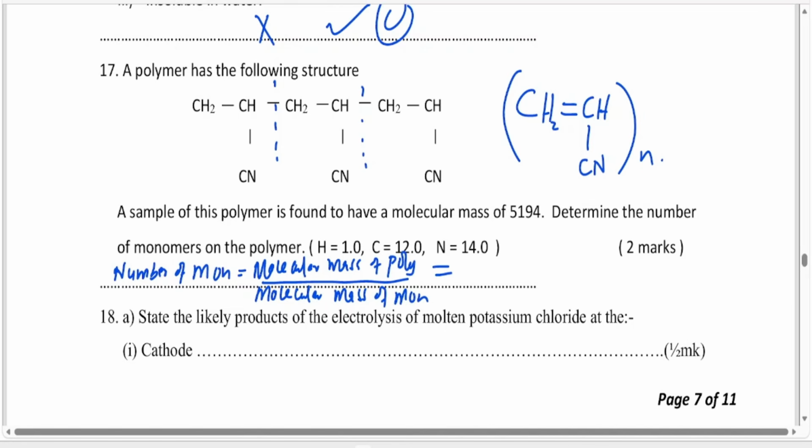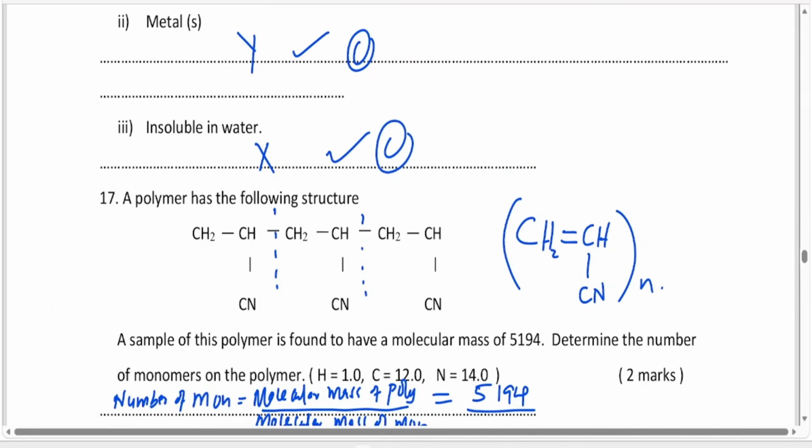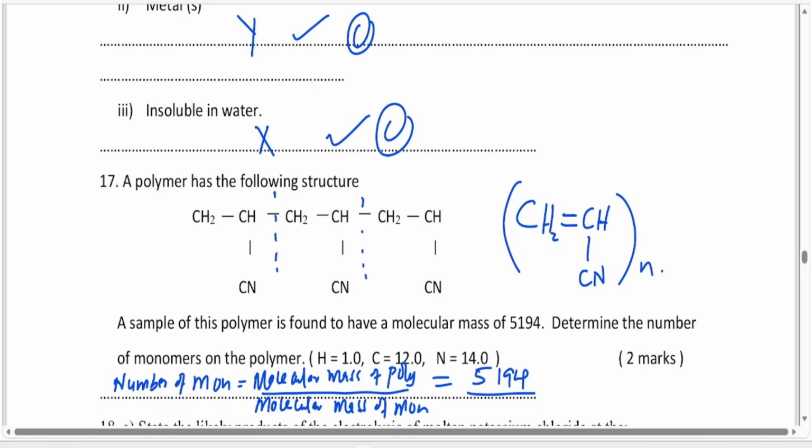According to what we are given here, 5194 is the relative molecular mass of the polymer. And we can easily determine the molecular mass of the monomer because we already have the relative atomic masses.